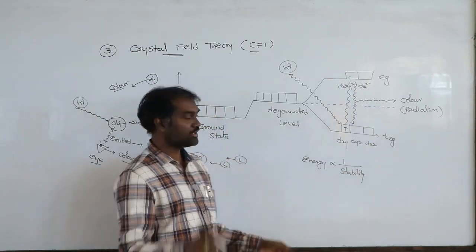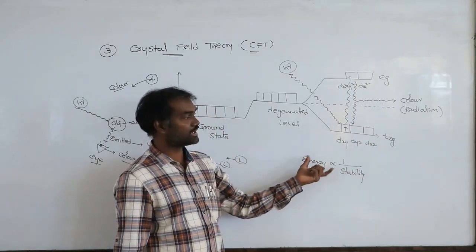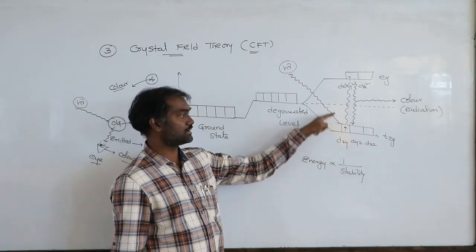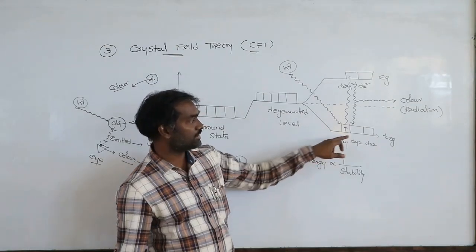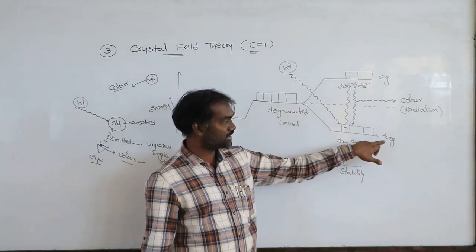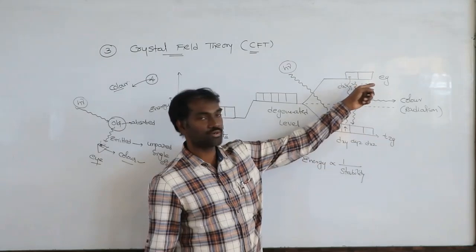In one word, who is responsible? The unpaired single electron, jumping from the t2g orbital to the eg orbital. This is also a d orbital, and that is also a d orbital.